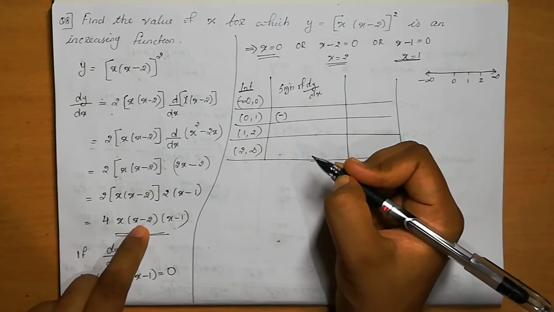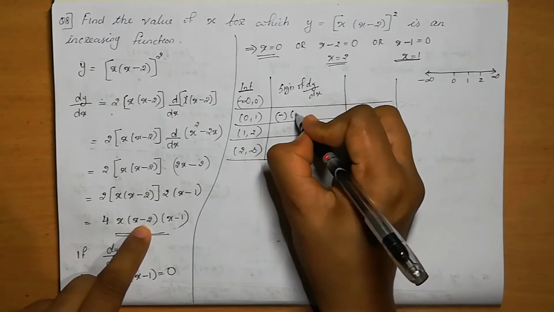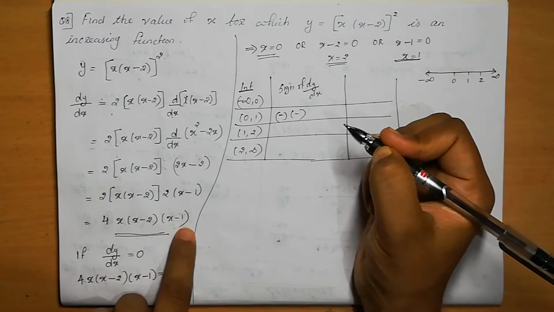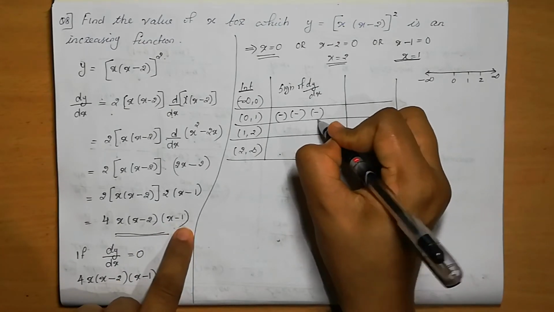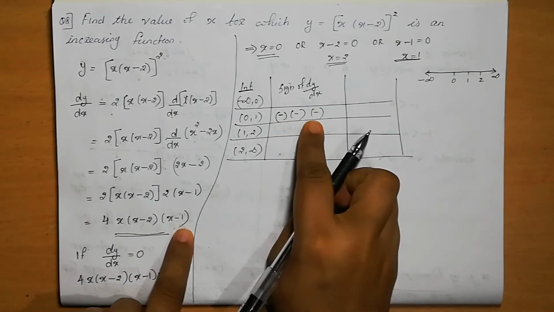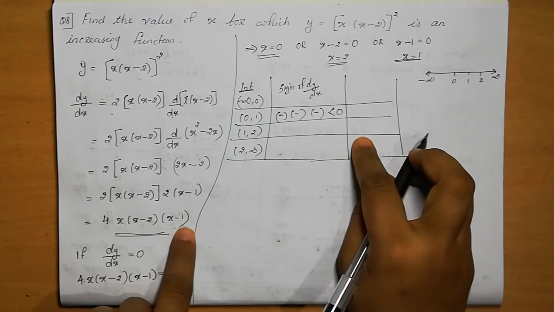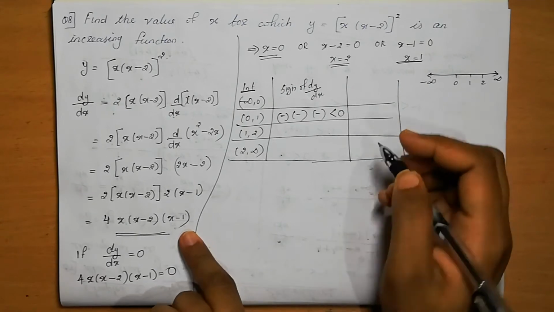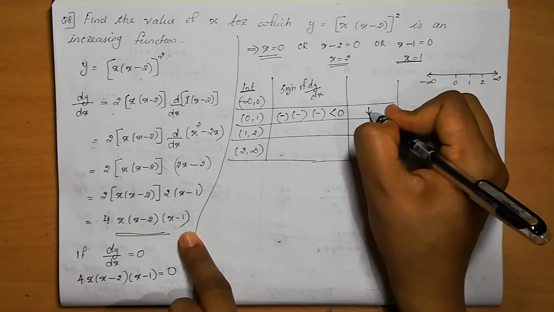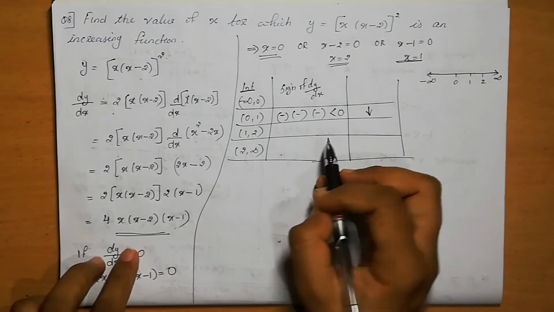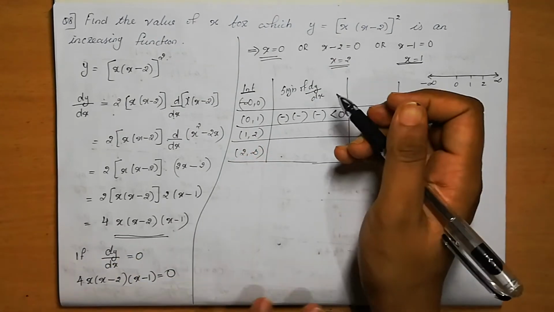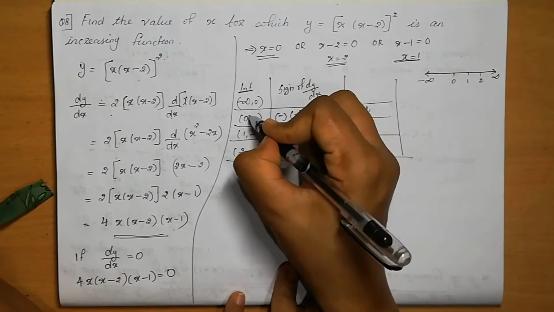Here also x minus 2 is minus, and x minus 1 is minus. So minus into minus into minus, that means the value is less than 0. Less than 0 means what can we conclude? The function is decreasing, right? This is minus infinity to 0.